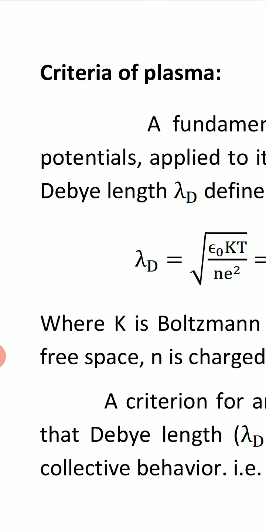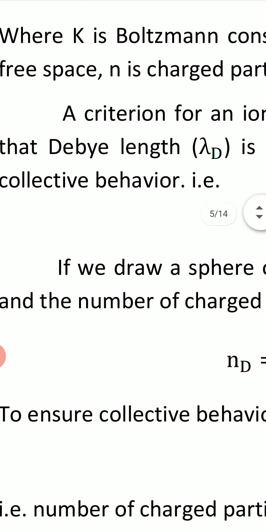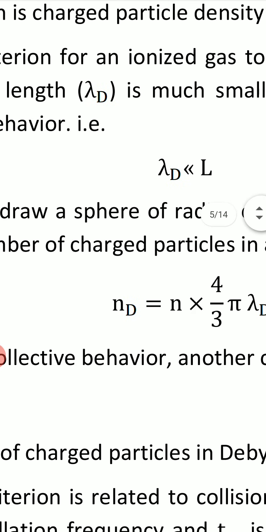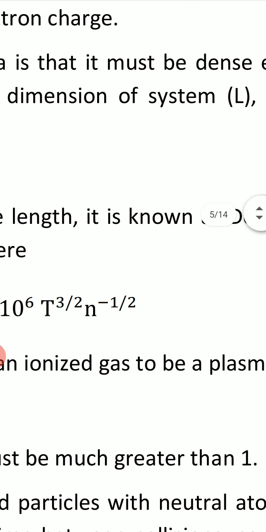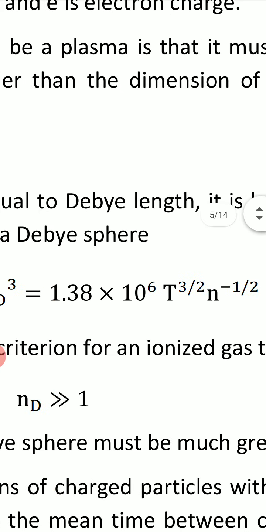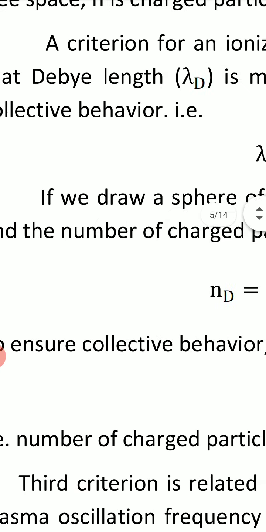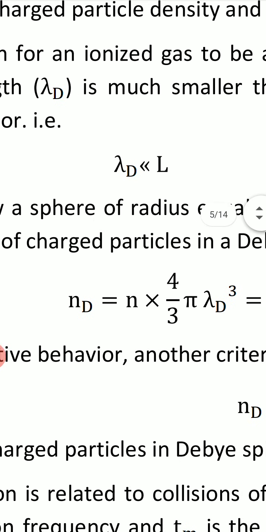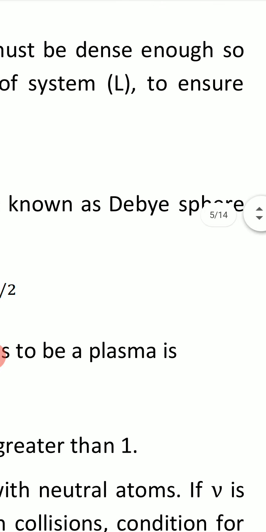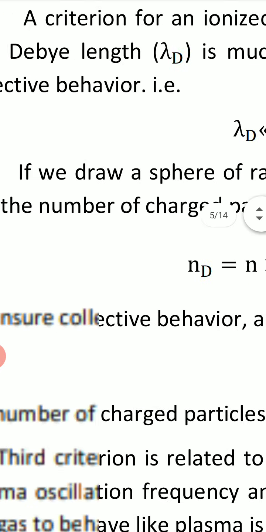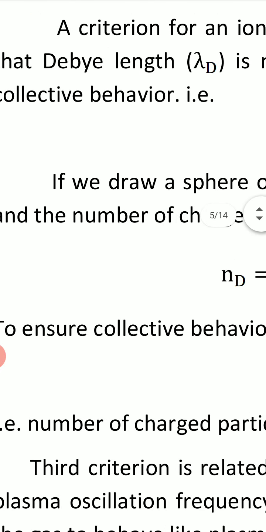Now we see what is the criteria of plasma. A criterion for an ionized gas to be a plasma is that it must be dense enough so that Debye length lambda d is much smaller than the dimension of the system, that is L, to ensure collective behavior.